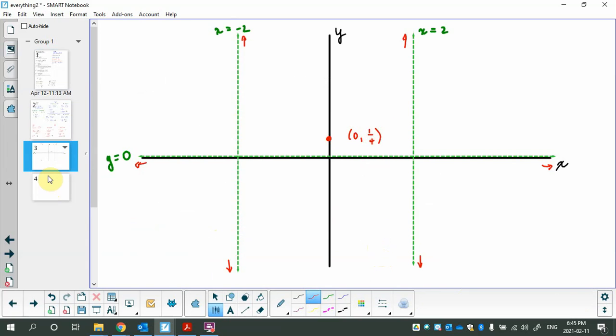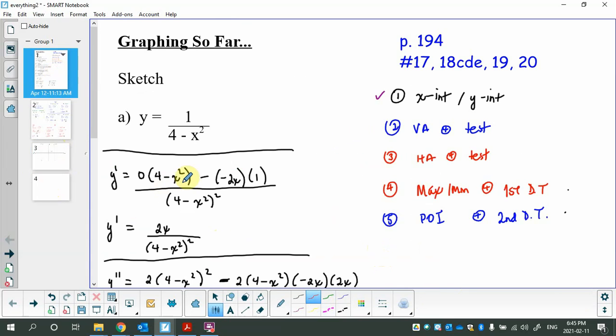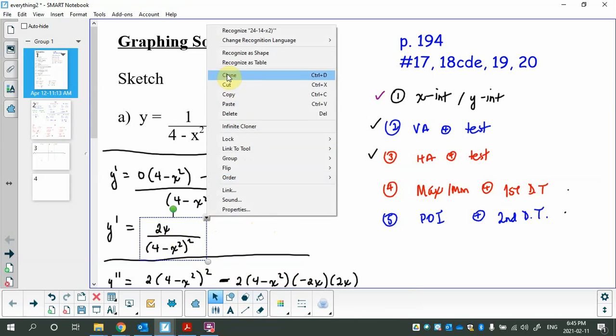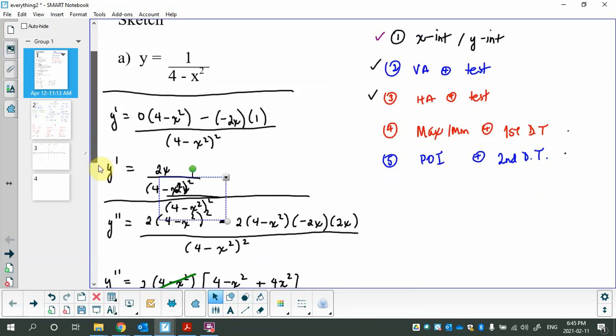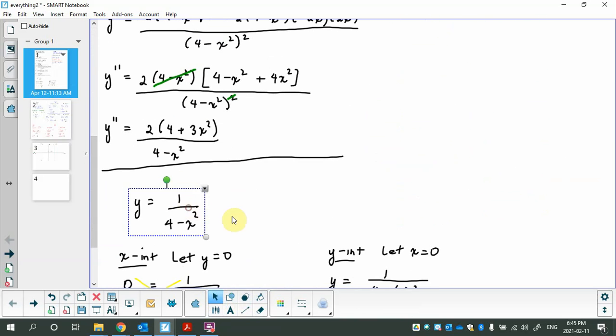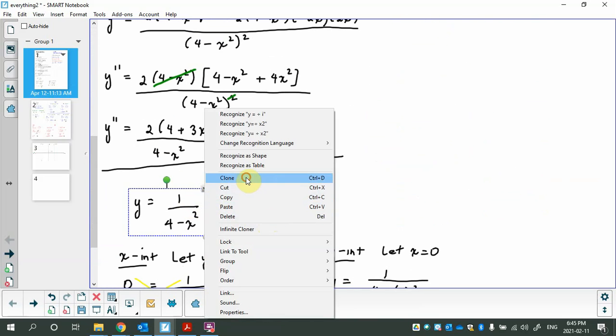All right. So now I'm going to reach back in time and steal the first derivative, so that I can go on and do max, min, and first derivative tests. It actually means I need to steal 2 things. I need to steal the first derivative, and because I'll need the points, I need to steal the original.